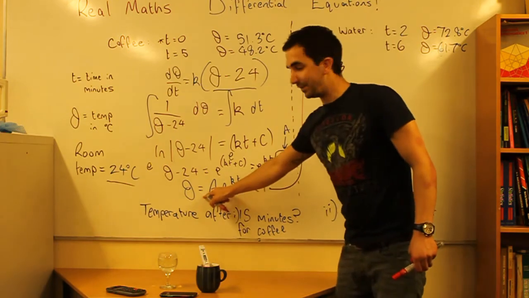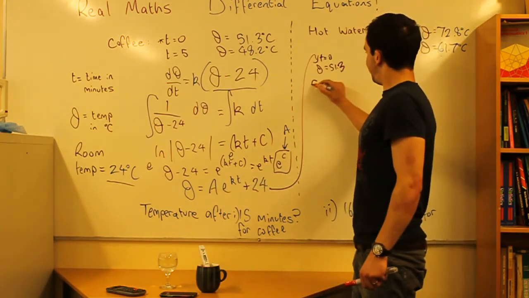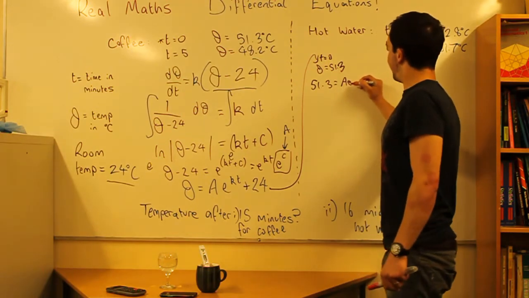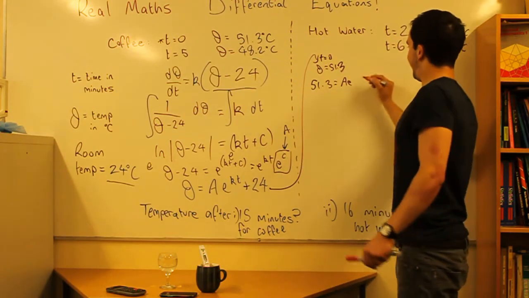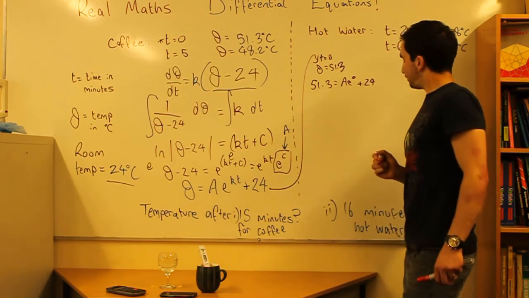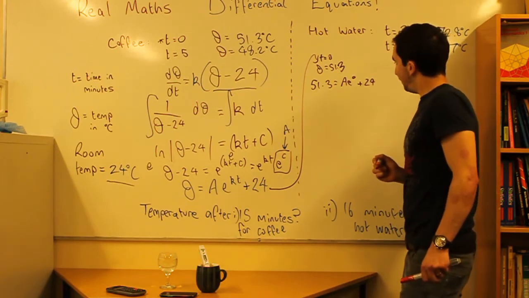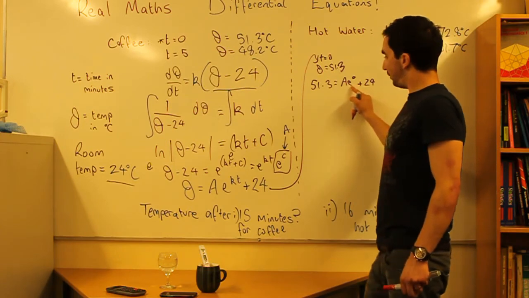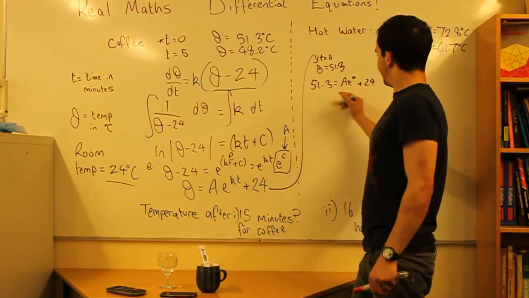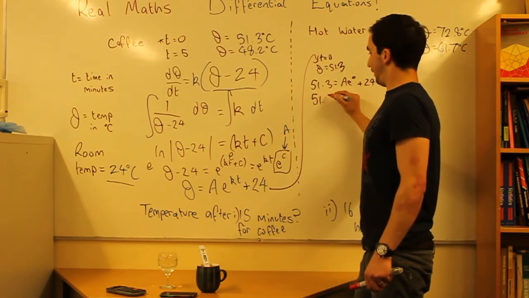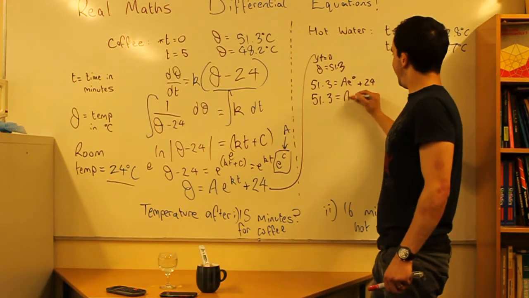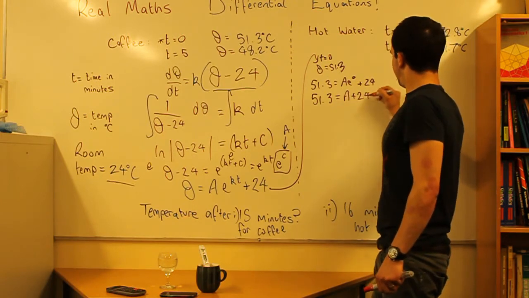We put that into this blue equation. 51.3 equals A e to the 0 times k plus 24. Okay? So, e to the power of 0 is just 1. So we get 51.3 equals A plus 24.